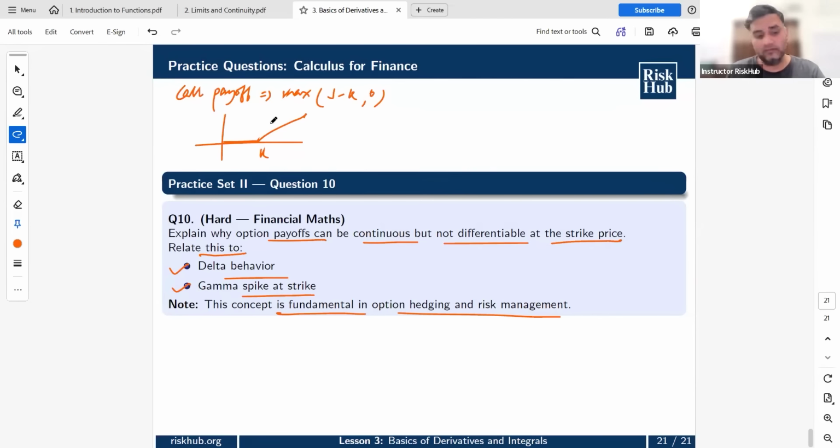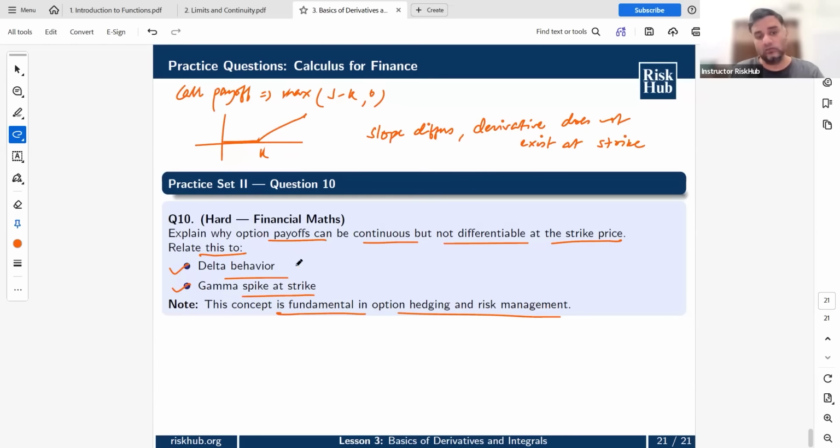Since the slope differs, the derivative does not exist at the strike.